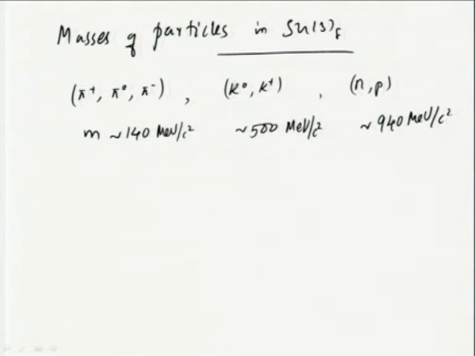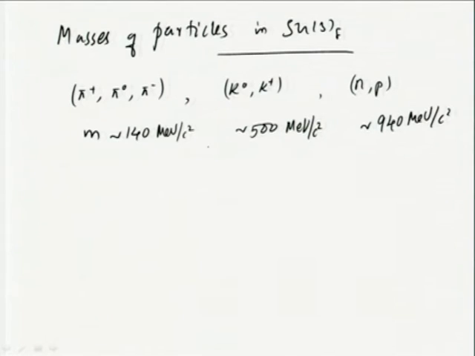But when we consider the octet of SU3, let us say the mesonic octet, we see that we wanted to group these pions along with K mesons and the antiparticles K 0 bar and K minus. They also have similarly about 500 MeV per c square mass. So, when we group all these particles in the octet, they did not have similar mass. You can see here that the pions have mass 140 MeV and kaons 500, more than 3 times heavier.